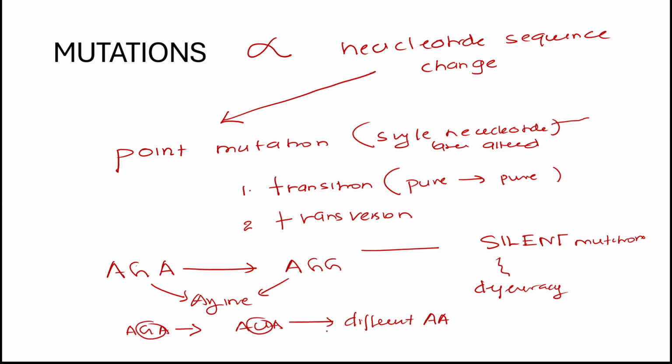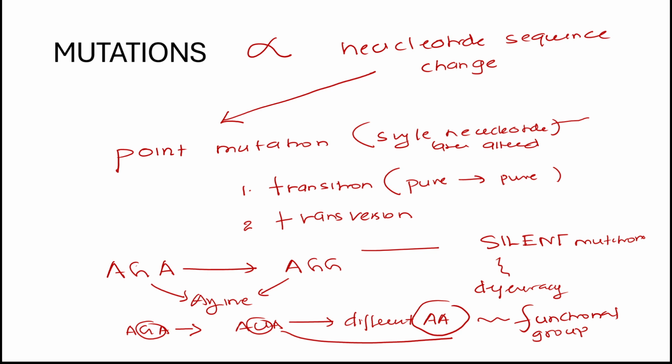Now, this is because most of the time, because of a change of a single nucleotide base, the different amino acid that is brought about will have the same functional groups as the amino acid that should have been in its place if the mutation had not occurred.